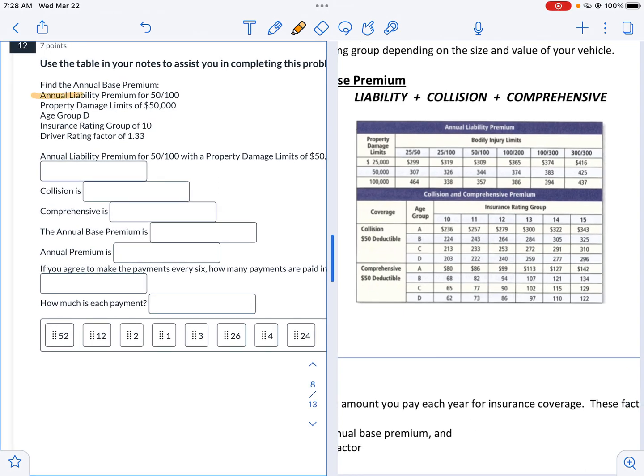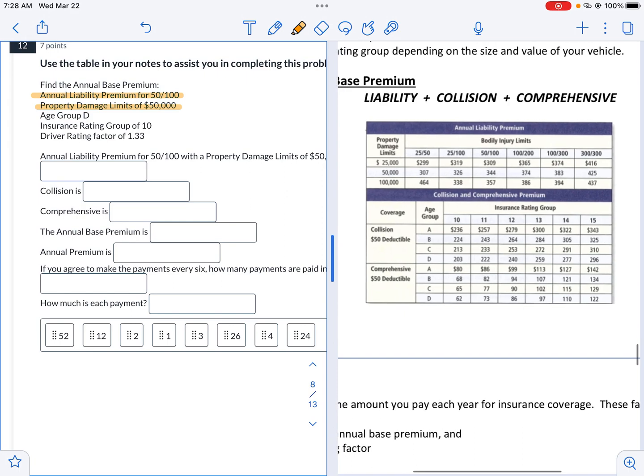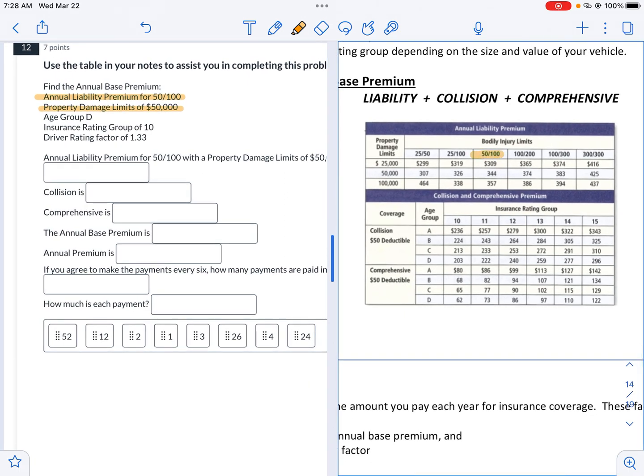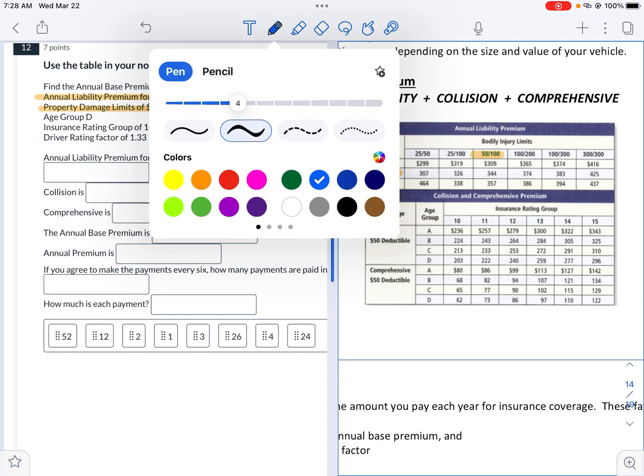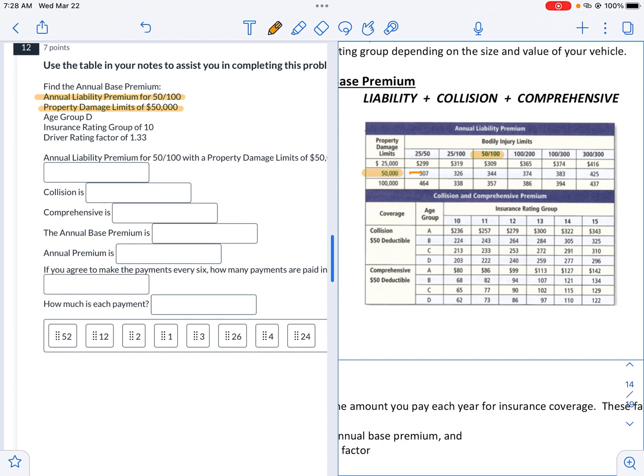The annual liability is $5,100, and their property damage is $50,000. So $5,100 is right here, and $50,000 is right here. So we're going to move across the $50,000, and we're going to move down the $5,100, and they intersect at $344.